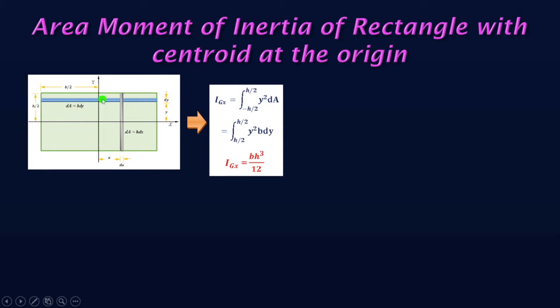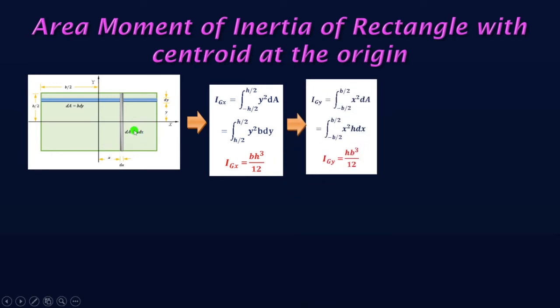When this section is here, the value of y is minus h by 2, and when it is here, it is plus h by 2. So y varies from minus h by 2 to plus h by 2. So integrate and substitute the values, and we get IGX equals bh cube by 12.